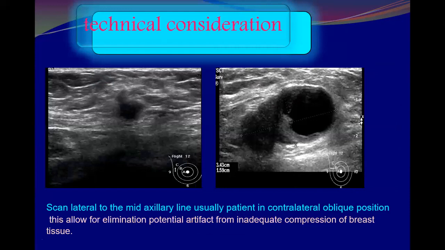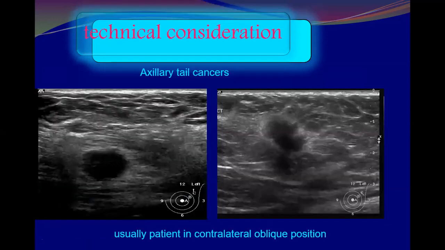And this is far laterally, beyond the mid-axillary line. Scan lateral to the mid-axillary line. And this is toward the axillary tail lesions. All these are my cases. Again, this is in the axillary tail.